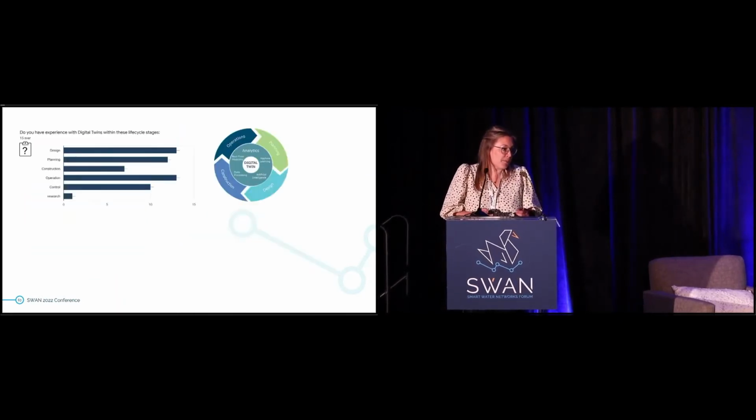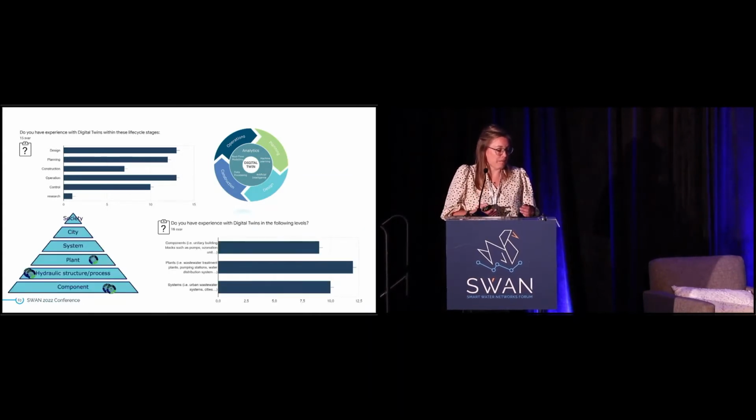But just to map out from the survey, where do we work? Actually there's a lot working in a lot of the stages from our survey, but in the levels we are mainly on plants and systems, and some are also on components. We don't see, of course, city and society, because it's maybe a bit harder.